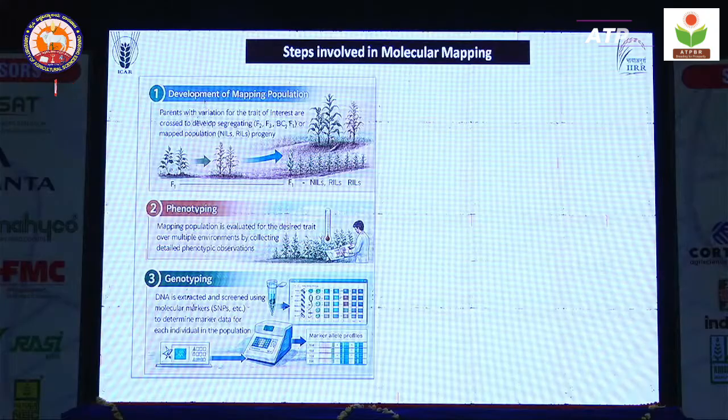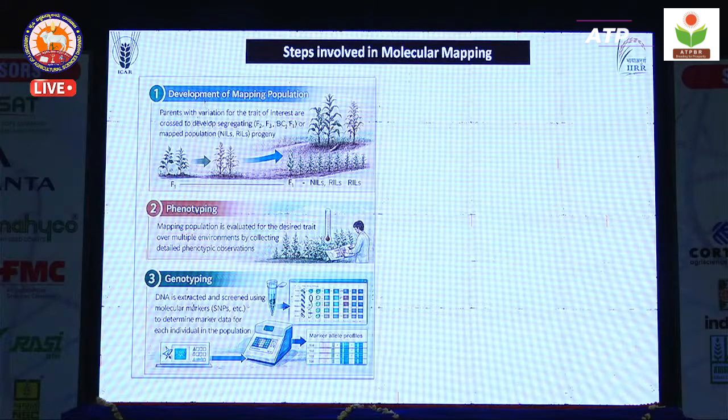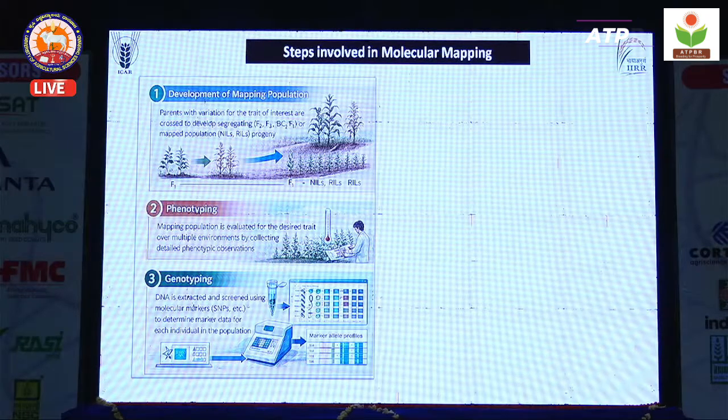And once phenotyping is done, we have a lot of options in terms of genotyping. I would not like to go into the different markers or steps used there. But at present, the most preferred marker systems in rice for genotyping are SNP markers. Different platforms are available in rice.